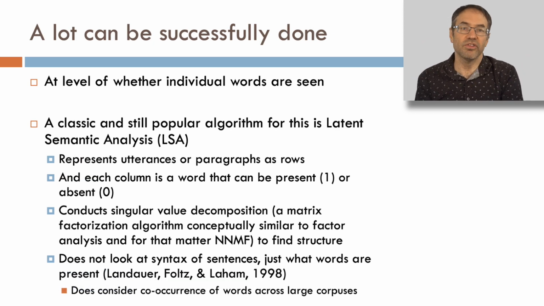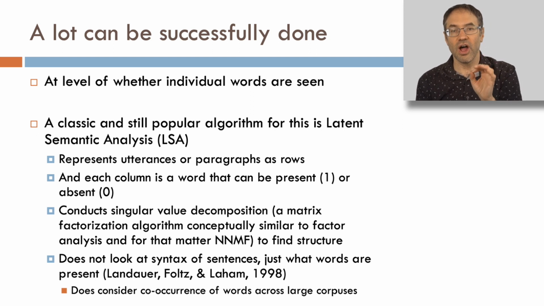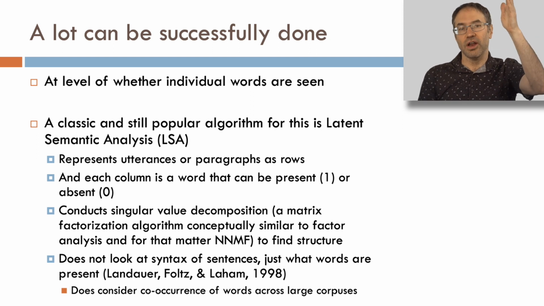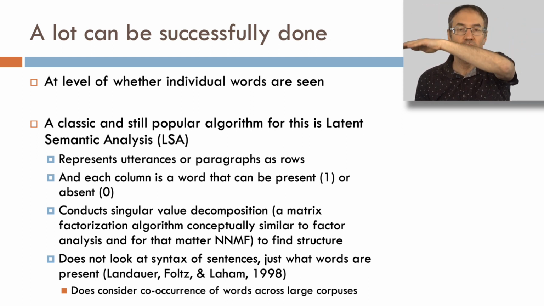A lot can be successfully done at the simple level of whether individual words are seen, and a classic and still popular algorithm for this is called latent semantic analysis. Latent semantic analysis represents utterances or paragraphs as a row, and each column is a word that can be present, 1, or absent, 0. So your rows are your utterances or paragraphs, your columns are the individual words in them.